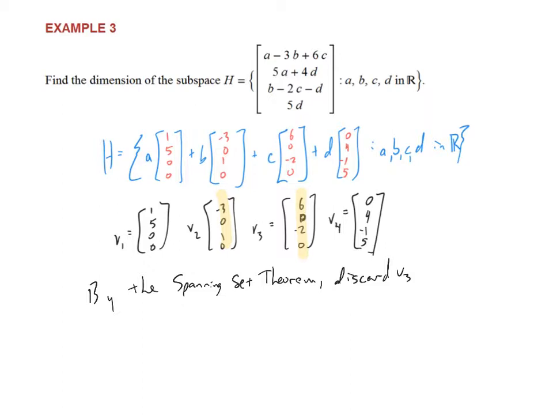Then the set V1, V2, V4 is linearly independent and clearly spans H, so it's a basis. So the dimension of H is equal to 3 because there are 1, 2, 3 vectors in its basis.